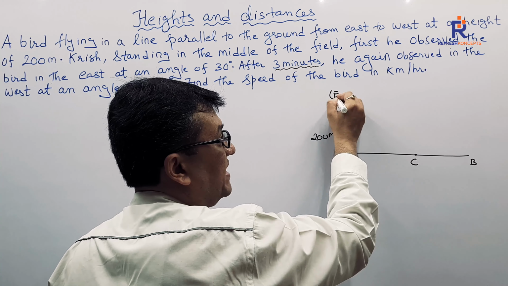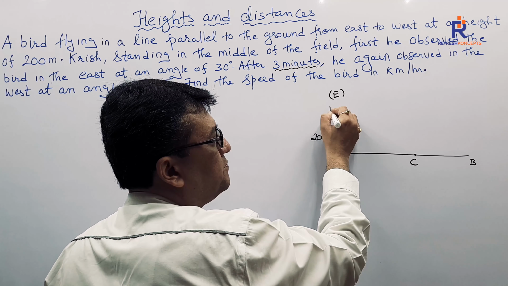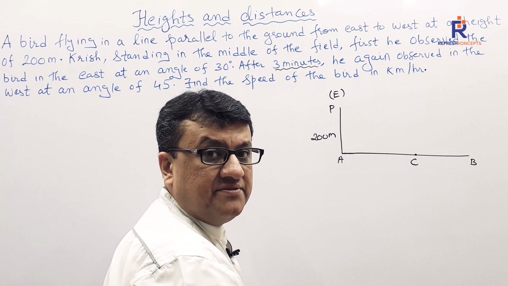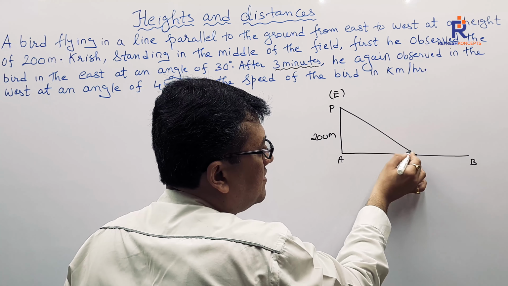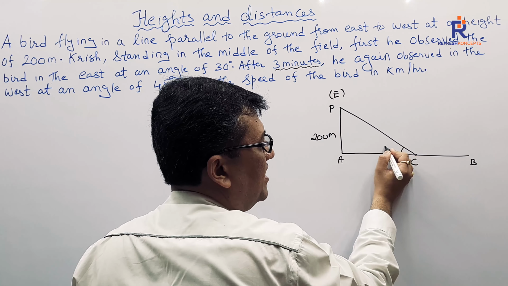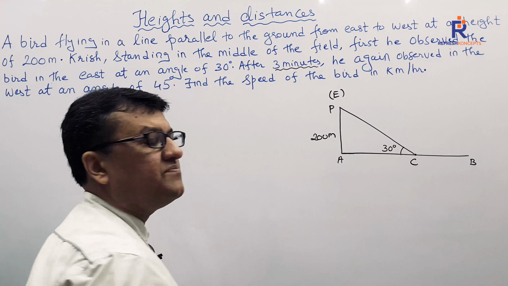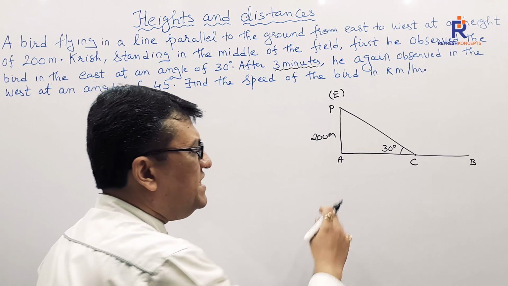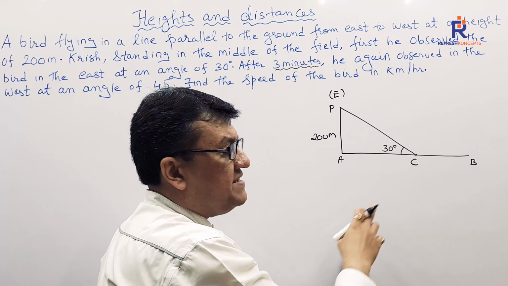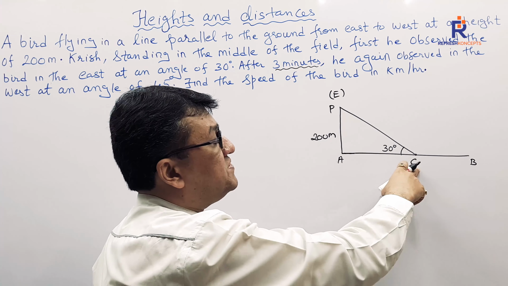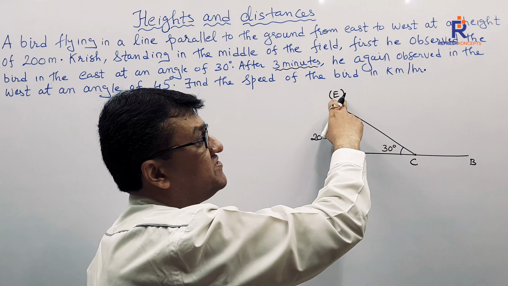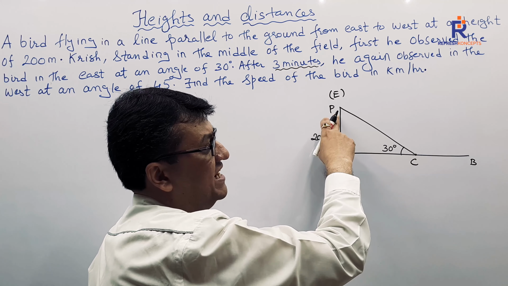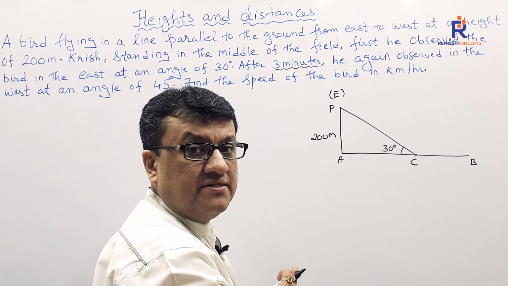Let P be the initial position of the bird, where Krish observes it for the first time. Angle of elevation is 30 degree. Once again, children, AB is nothing but the field. C is the position of Krish. He observes the bird which is flying at a height of 200 meter, initially in east direction. Let P be the first position of the bird.